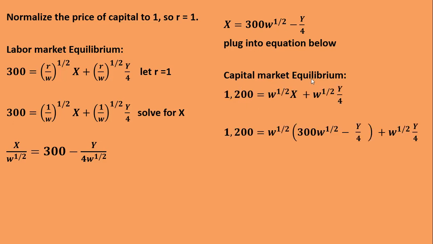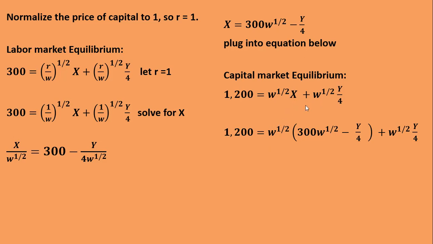That's going to be our capital market equilibrium, where we set the supply equal to the demand. And here I already normalized r equals 1, so that's why we're not seeing r in there anymore.